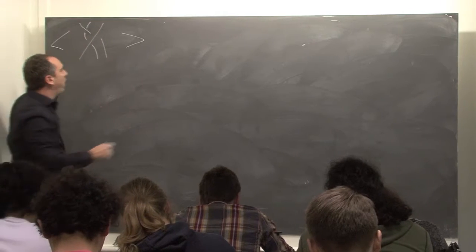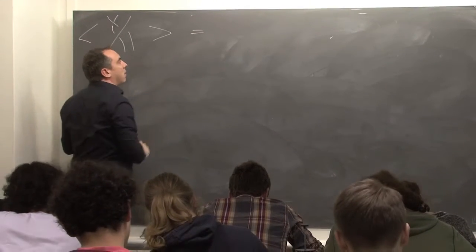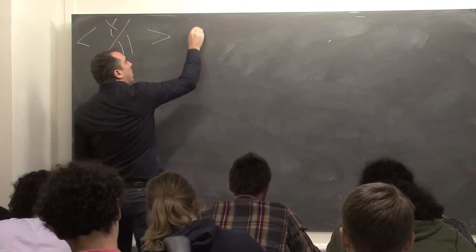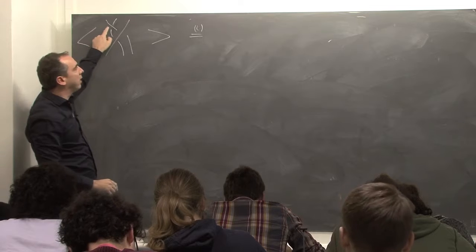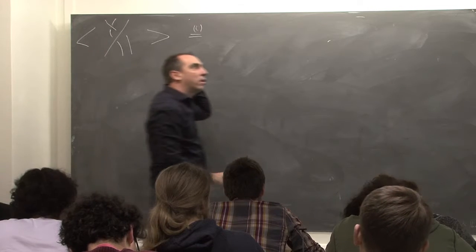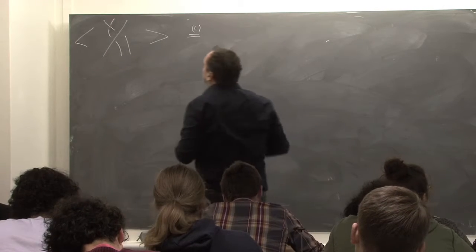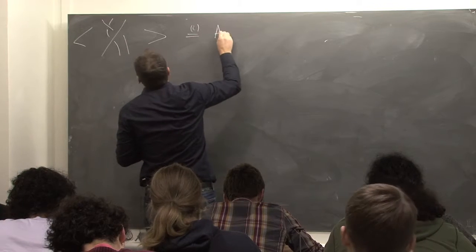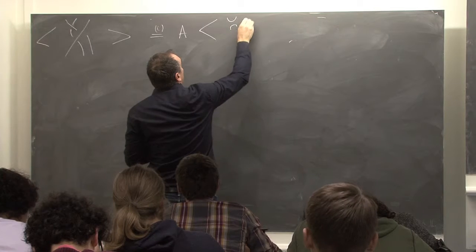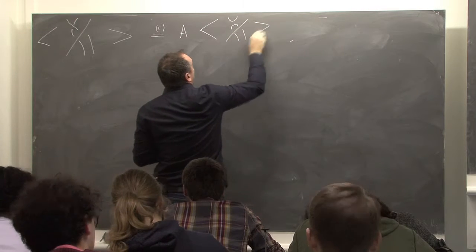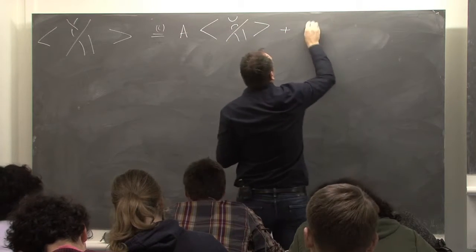Now if we apply the property 1 to the first crossing here, so what do we obtain? So we obtain A plus A inverse.